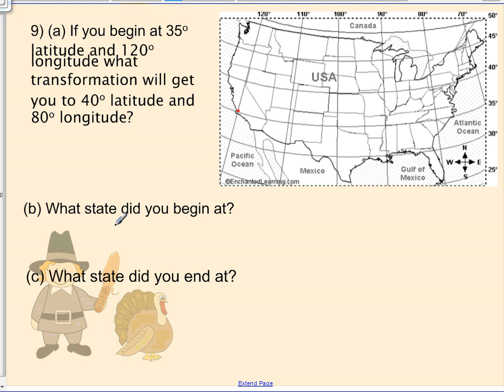Okay, and it's asking, so you start, you're in California, a home state, and then through transformations, you're going to end up in another state. If you were to translate, you will get to 40 degrees latitude, right here, and 80 degrees longitude.